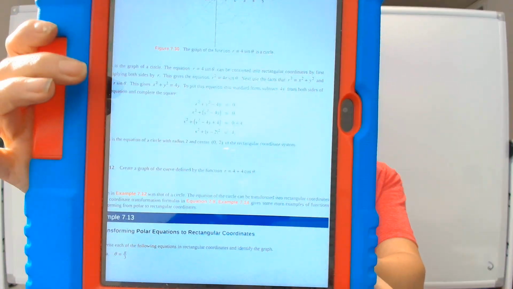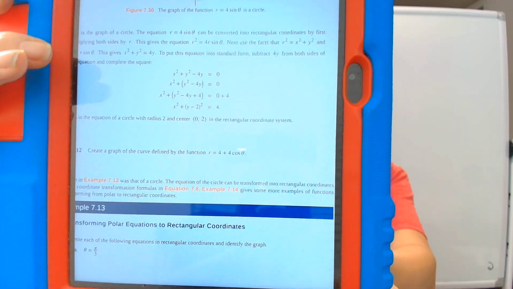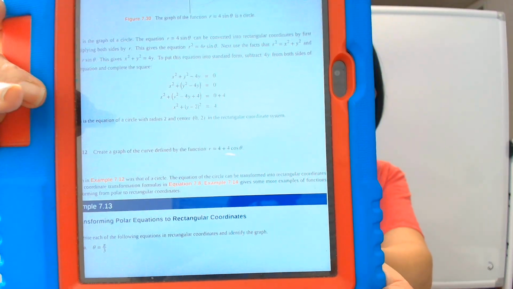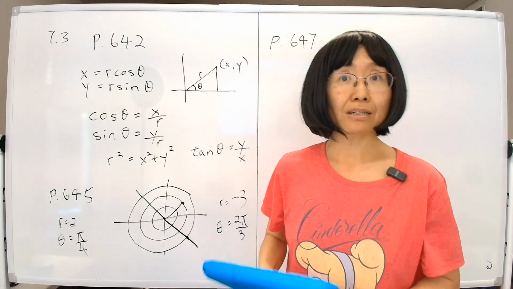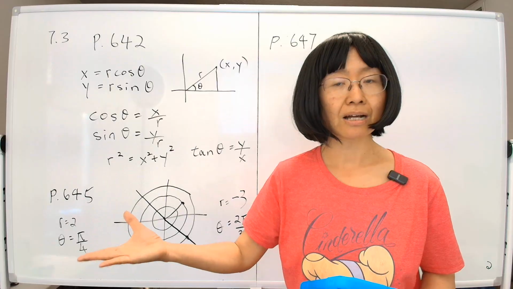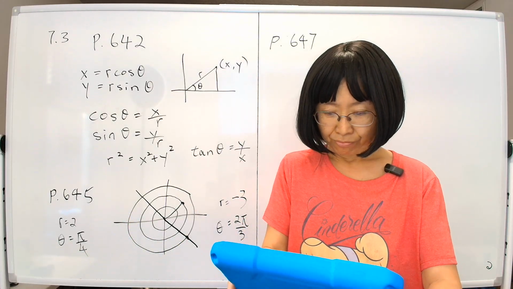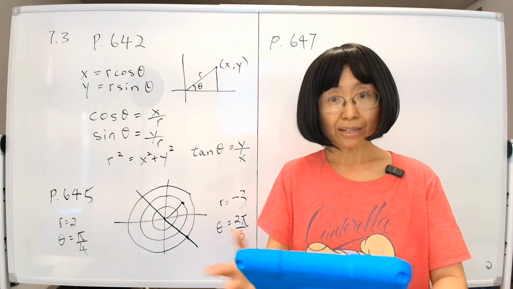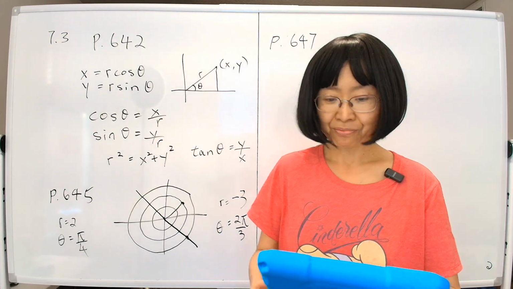Towards the end of the example, if you add this up, very soon you recognize it to be a circle, where x squared plus (y minus 2) squared equals a positive constant is a circle. So that's why it becomes a circle, and that seems like a lot of work to plot some circle.